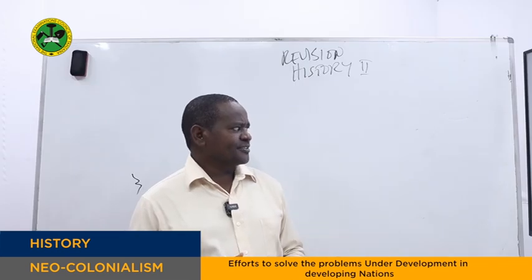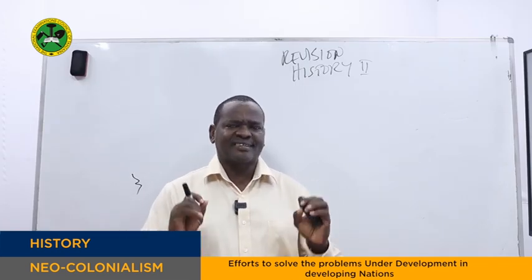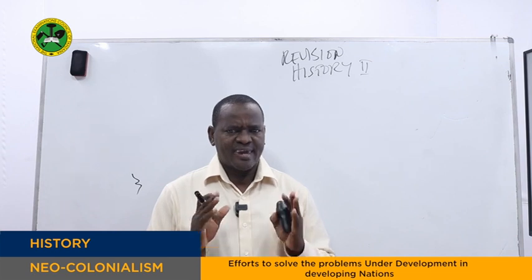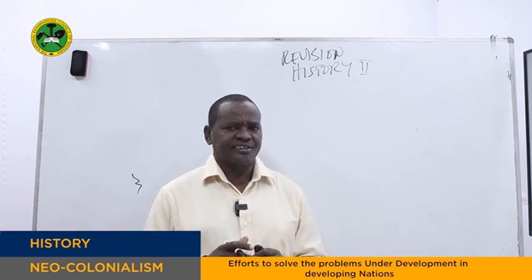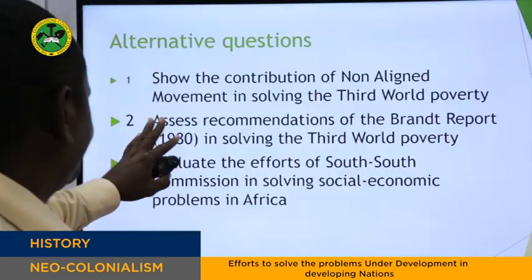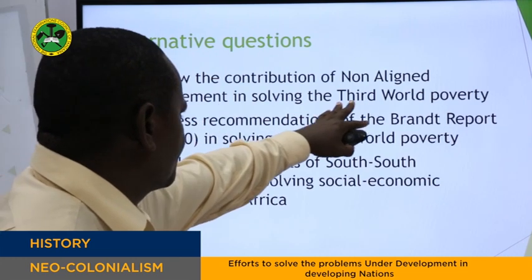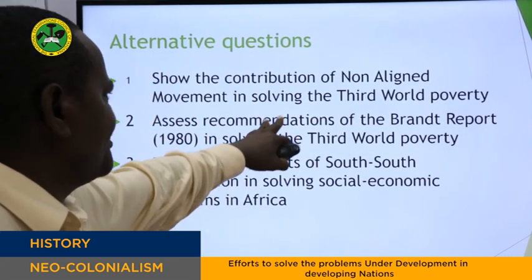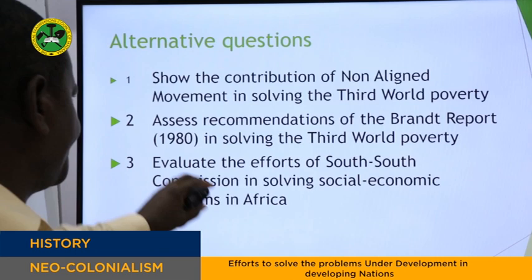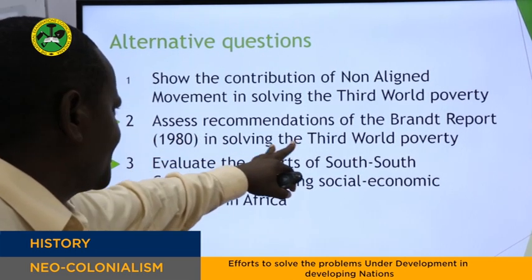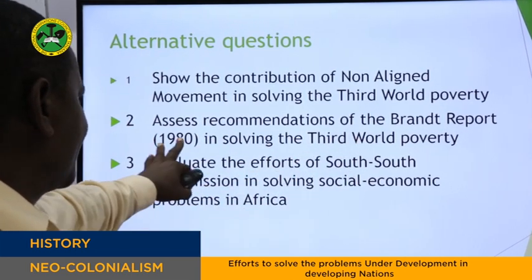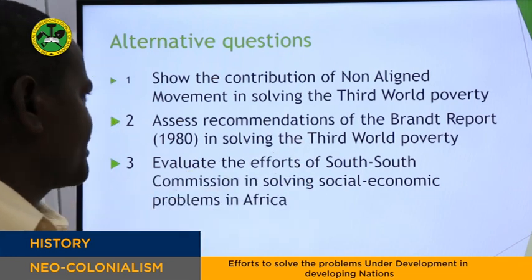And my dear students, also make sure that at the end of our lesson, you are able to attempt these three very important questions. The first question, as you can see, is: show the contribution of the non-aligned movement in solving the third world poverty. The second question is: assess the recommendations of the Brandt Report of 1980 in solving the third world poverty.